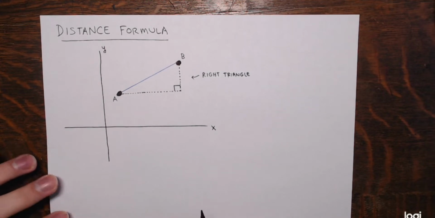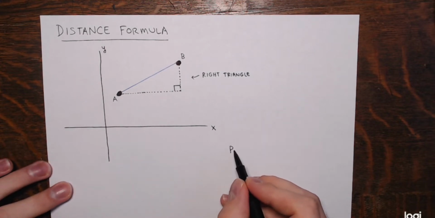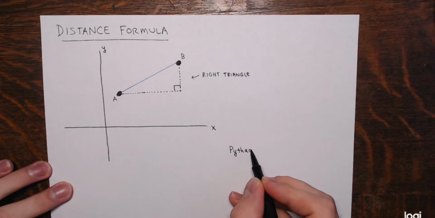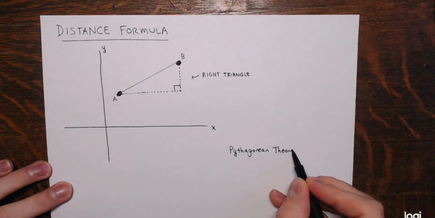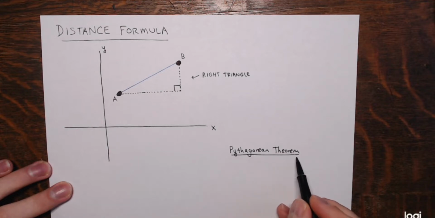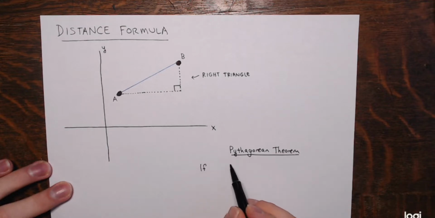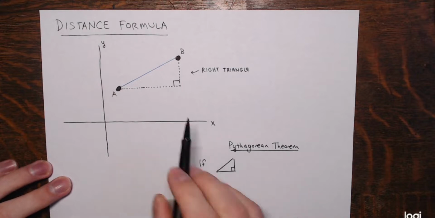Now, hopefully you recall, like I said before, the Pythagorean theorem, if you have a right triangle. A right triangle has a 90-degree angle in it, like the picture I've drawn up here.